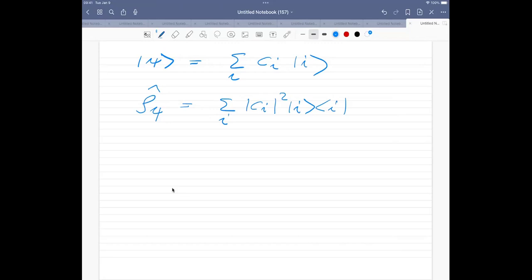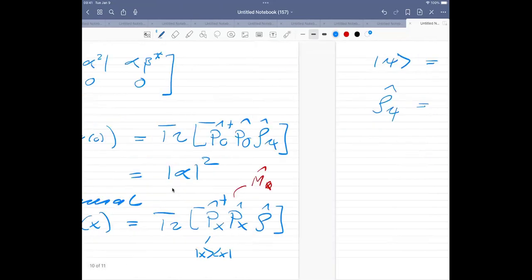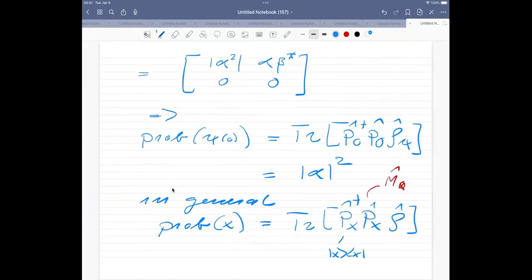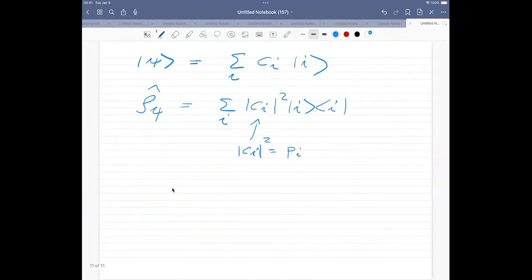Now, that coefficient is nothing but the likelihood of being in a specific state I. And I have to be careful because I will replace the C of I with the probability of being in a specific state I. So this should be a little p, not an uppercase P. Hopefully you can see that these are uppercase letters, whereas the little p is meant to be a probability.